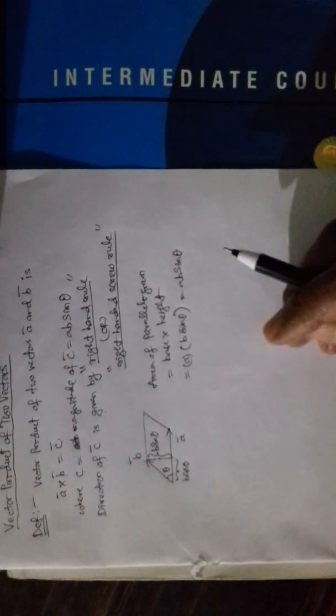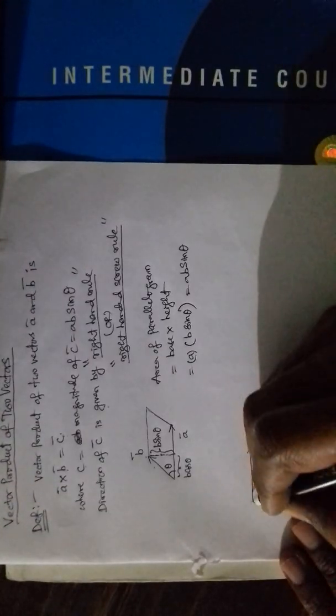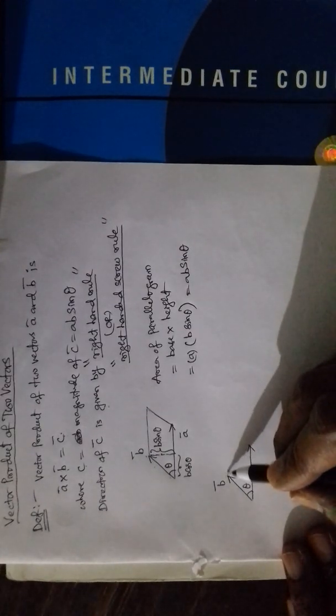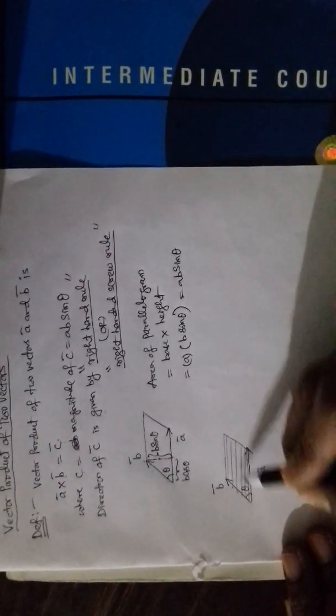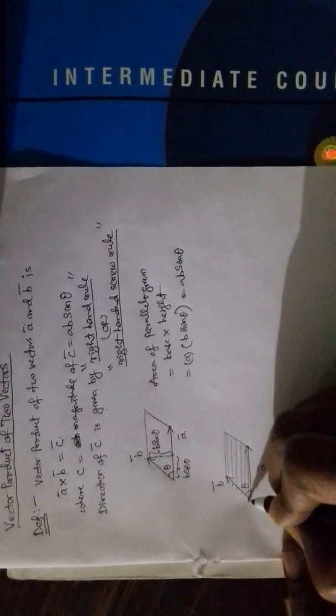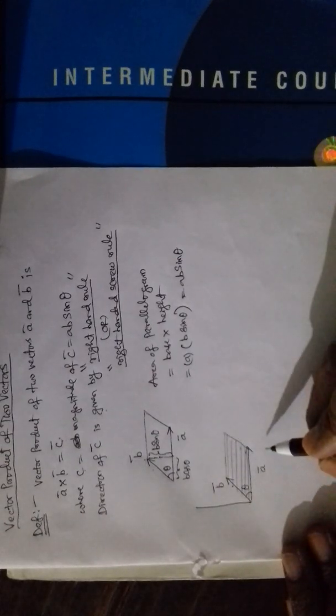Suppose this is A vector and this is B vector, say angle theta. So this consists of a plane. This is a plane formed by these two adjacent vectors. To this plane, C vector is at 90 degrees.